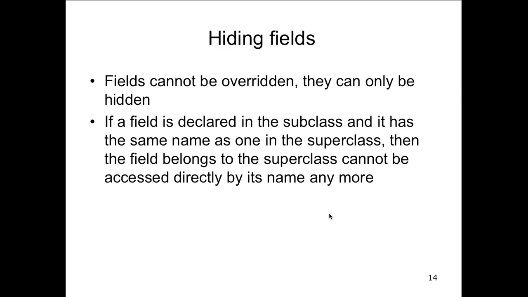So if person has a first and a last name, and we inherit employee from person, and we go first name and last name, how are we going to know which first name and last name we're talking about? It's going to use the last one we created, which is the one in employee. It's overriding it, essentially. But we're not really overriding it. It's still there. We just can't get at it. There's no way of doing it.